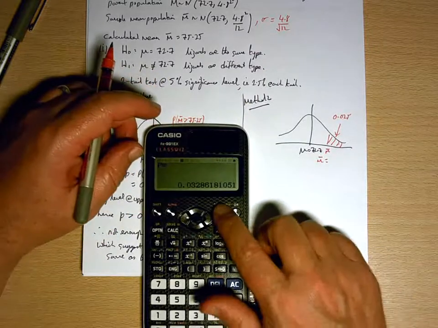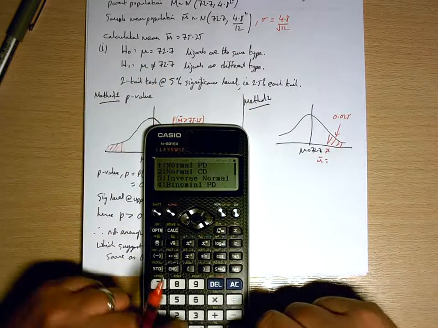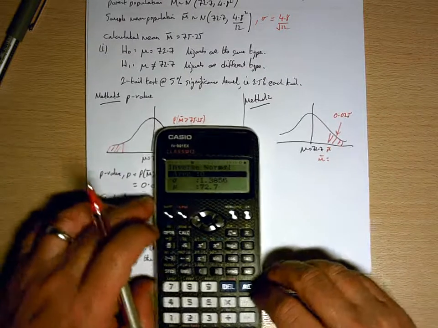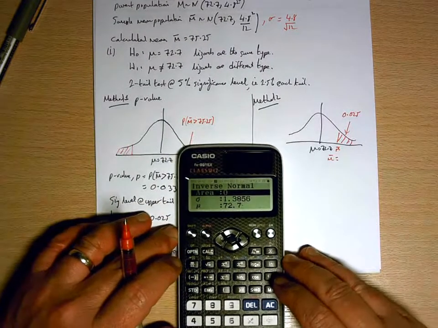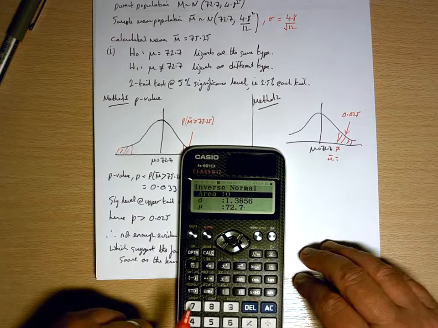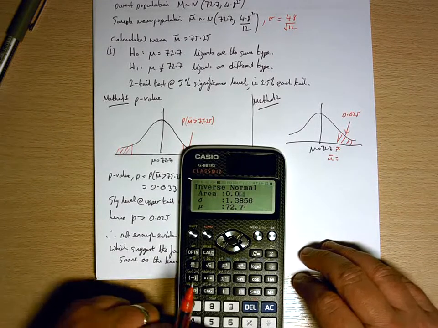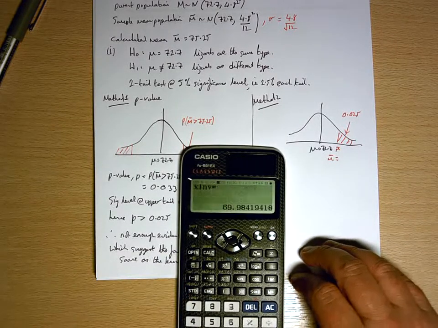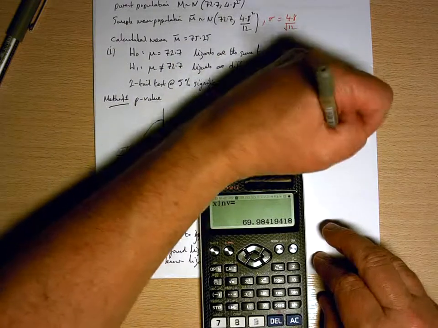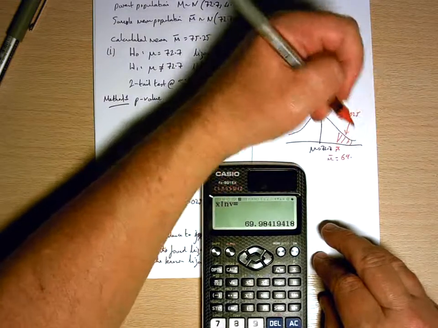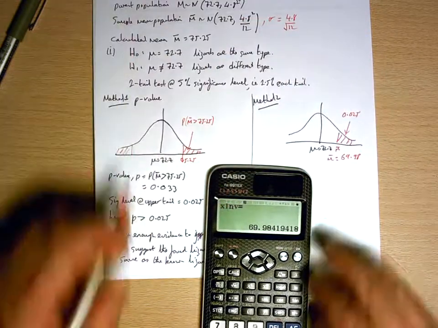So on the calculator, back into 7, this time we're going inverse normal. We've got a critical region of 0.025, which gives me that as 69.98.